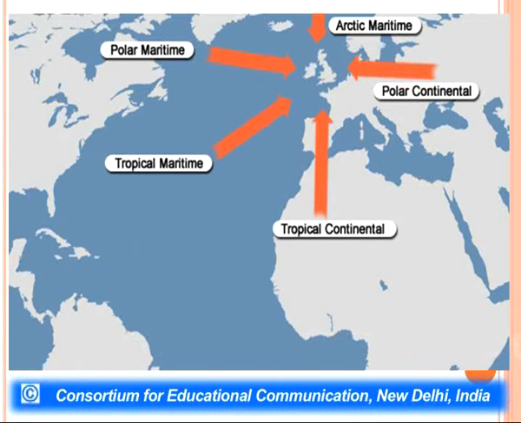Great Fisher Bank. So, there are 4 major fishing banks in the world. One is the Grand Bank along the eastern coast of USA and Canada near Newfoundland. Number 2, Dogger Bank, in the North Sea along the east coast of the UK. And third is the Great Fisher Bank, along the coast of Norway.